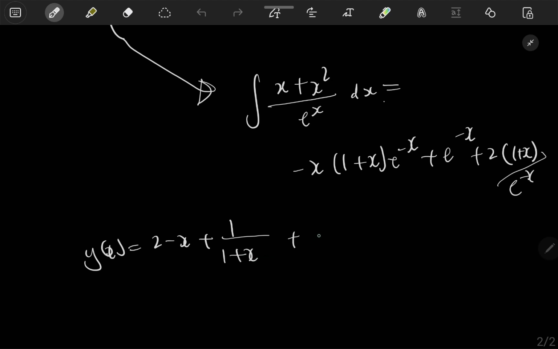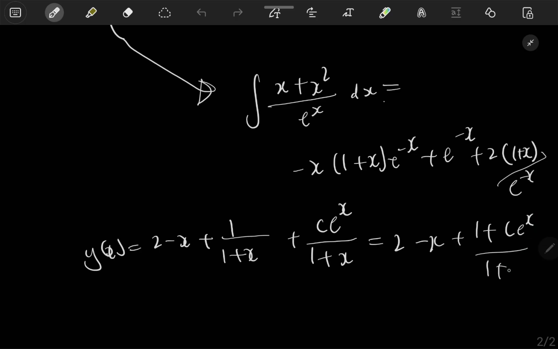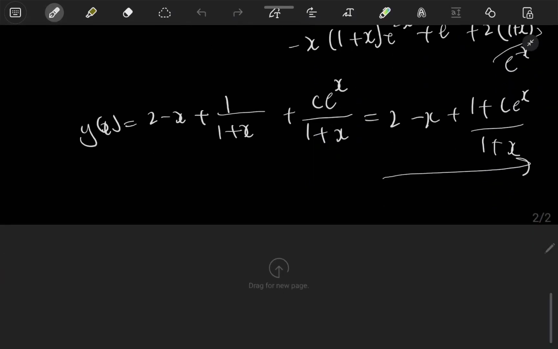And then some constant that we got after integration, over 1 plus x, which we can then simplify. I think I can, yes. And then whatever the constant was, e to the x over 1 plus x. So this is our function, our solution.